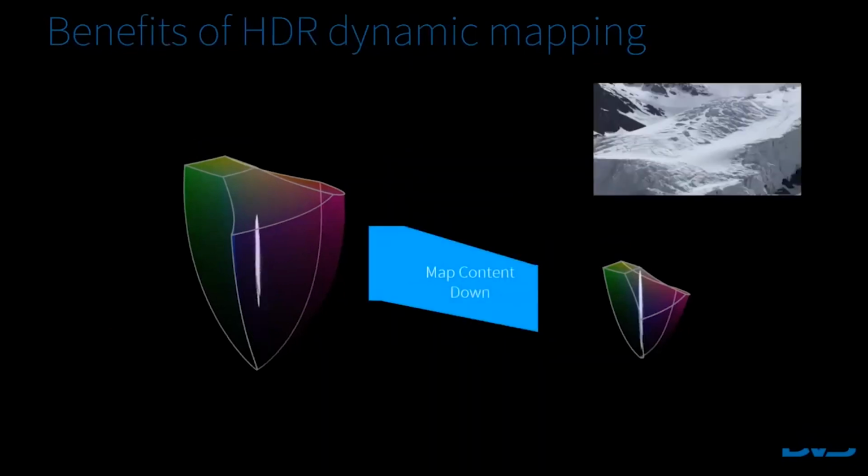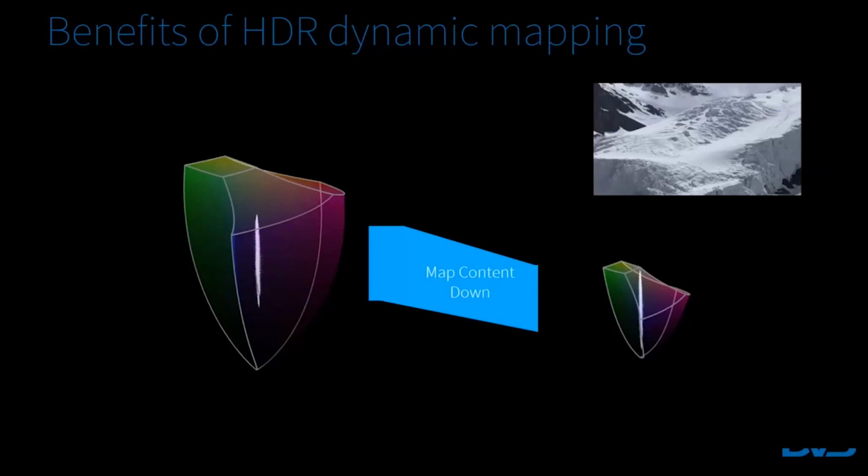For example, let's take this shot of a glacier in the sunshine. This is an image that has an incredible amount of bright detail. It's a relatively bright image overall, but we've got some wonderful highlights in the bright areas, but also some amazing detail in the darks.